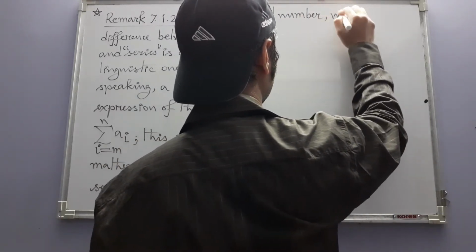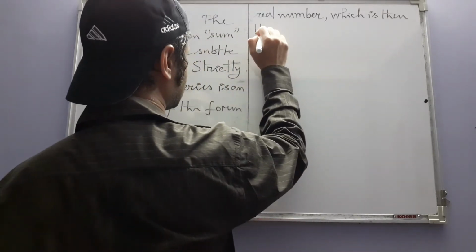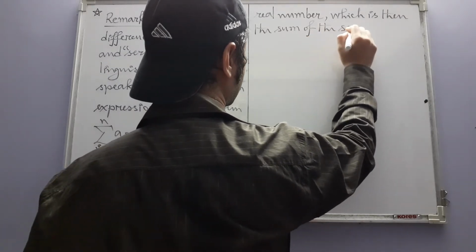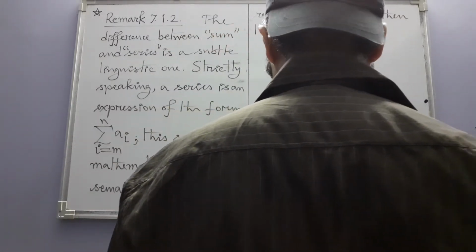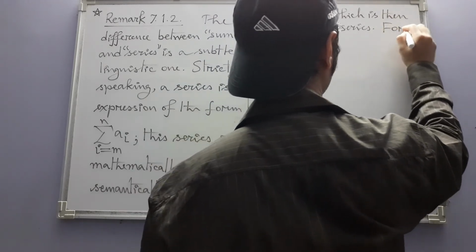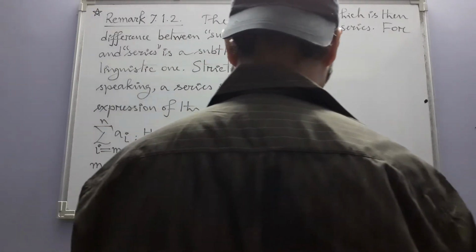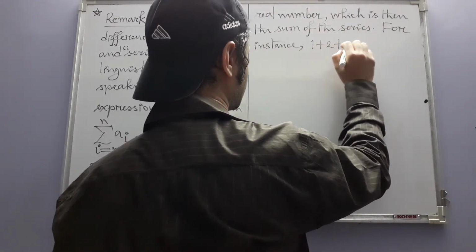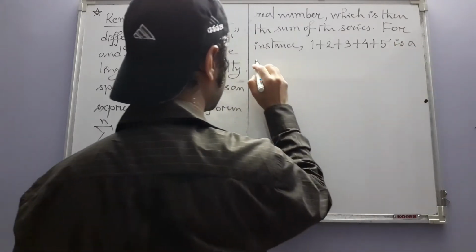Which is then the sum of the series. For instance, this expression, the sum of the first 5 positive integers, is a series.